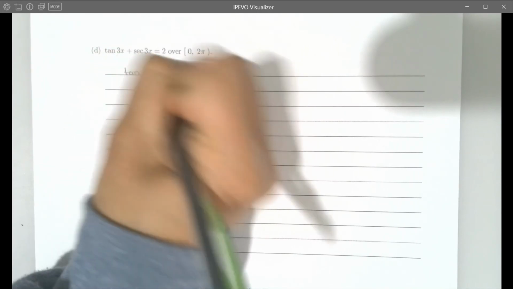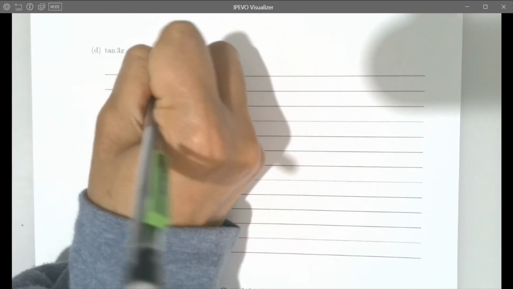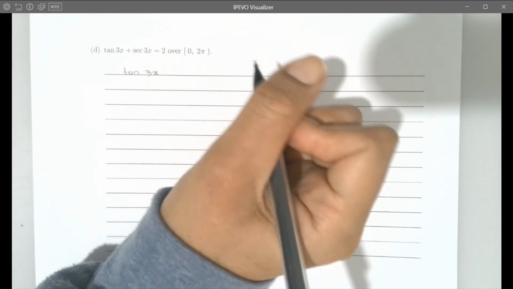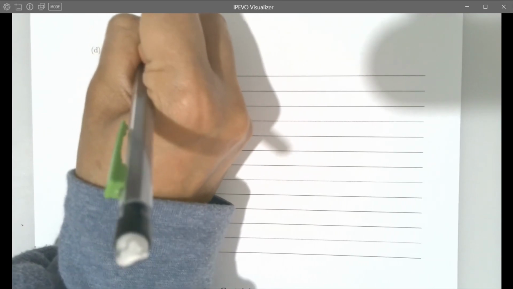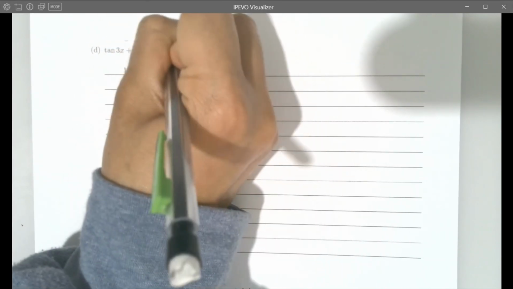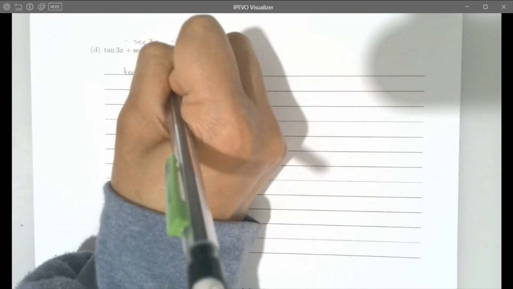Okay, so similar to what we had last time, we want to use the Pythagorean identity. So I need to somehow end up with a secant squared and a tangent squared. What I'm going to do here is subtract the secant 3x from both sides of the equation. That way I can isolate the tan.